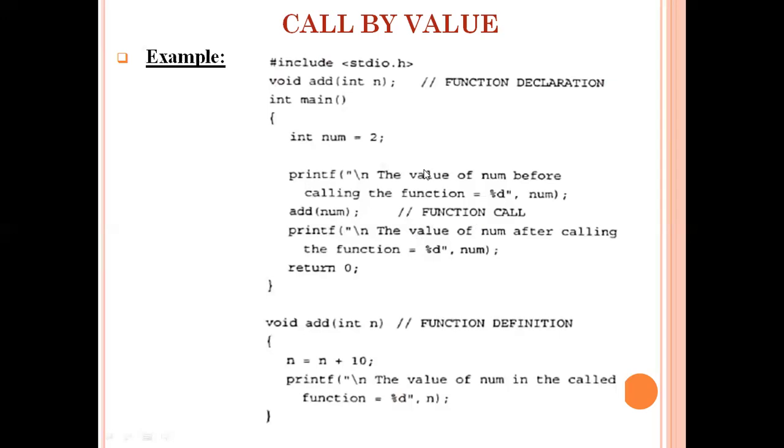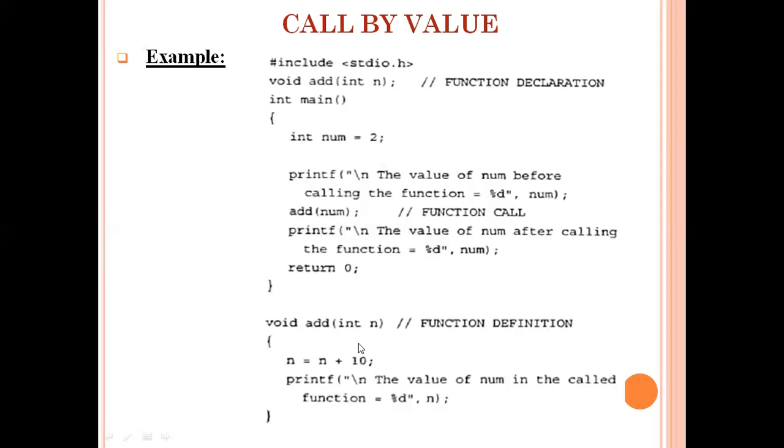So we have two different output statements. First we declare a variable num, which is initialized to 2, num equal to 2. And next we display the value of the number before calling the function. Which function? This add function.